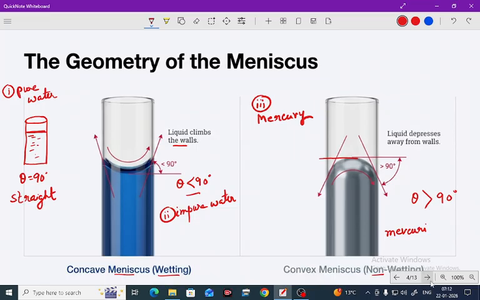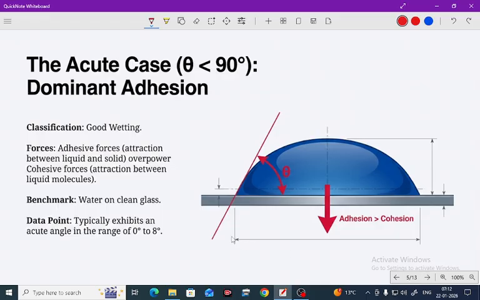Now the next important thing is the acute case or theta less than 90 degree. Dominant adhesion. In this case, adhesion is greater than cohesion. What is adhesion? Adhesion is the force between different molecules.